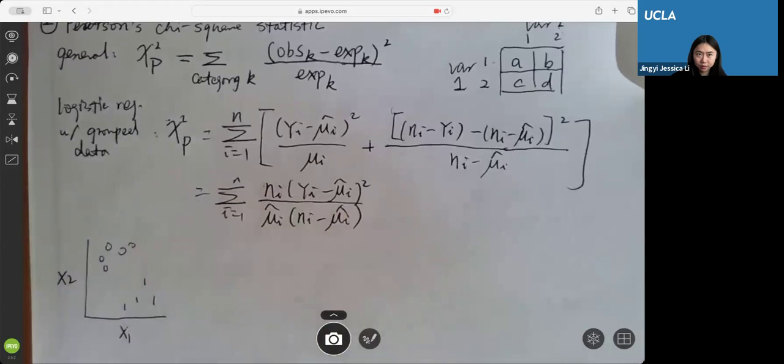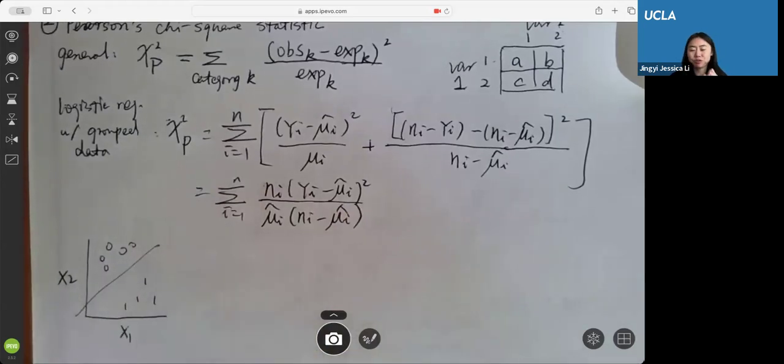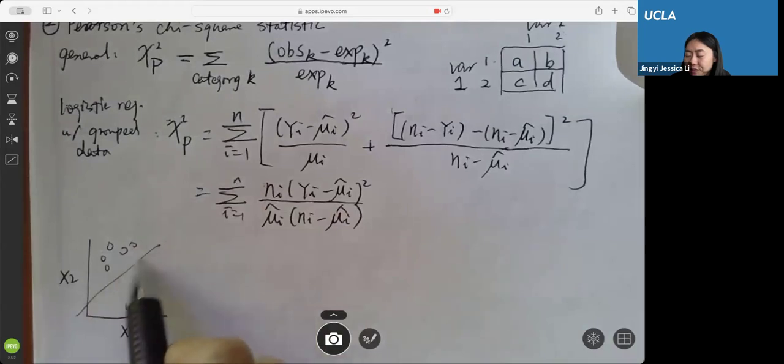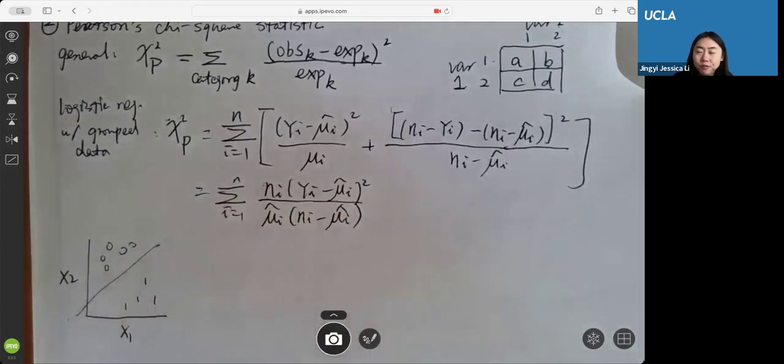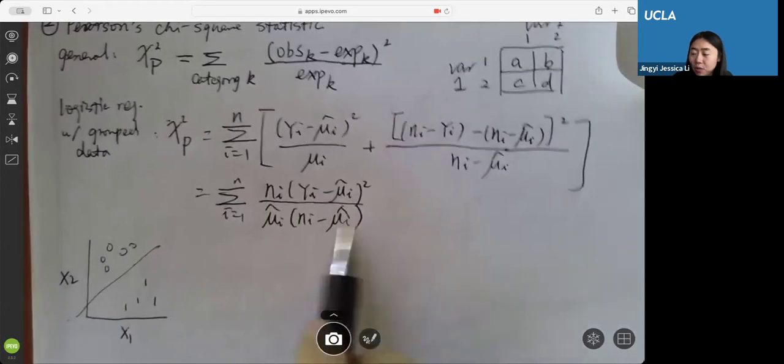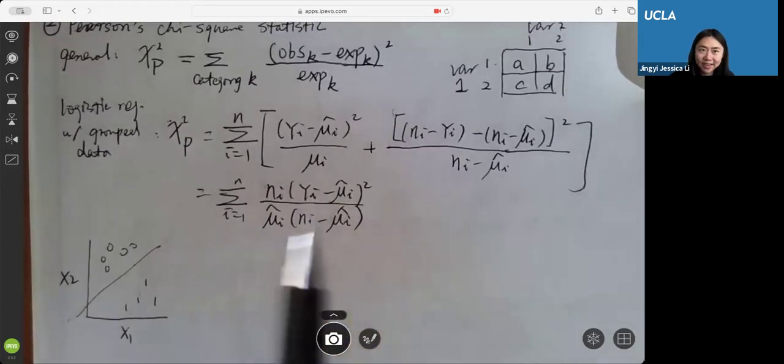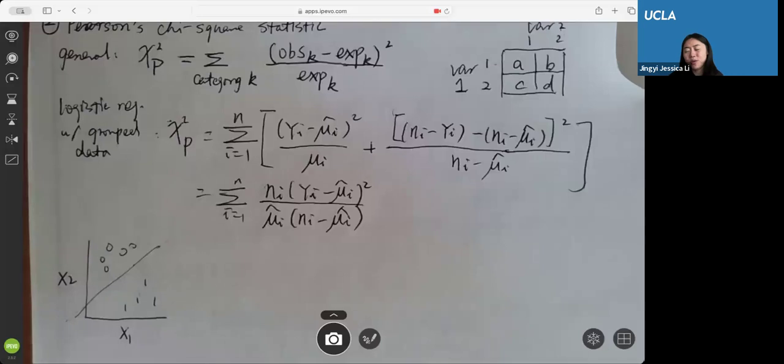So the data can be perfectly separated by a linear boundary in the X1 and X2 space, in the X space. So you can try it, and you will find that when you have the linear boundary doing the perfect separation and you convert it back to mu i hat, you will get perfect 0 or 1 for mu i hat. And that will create a problem there.